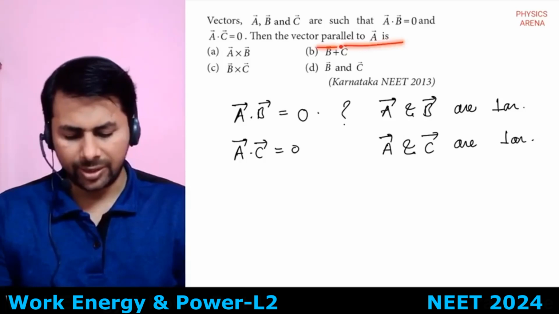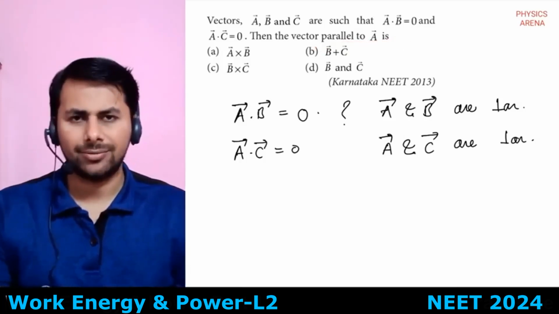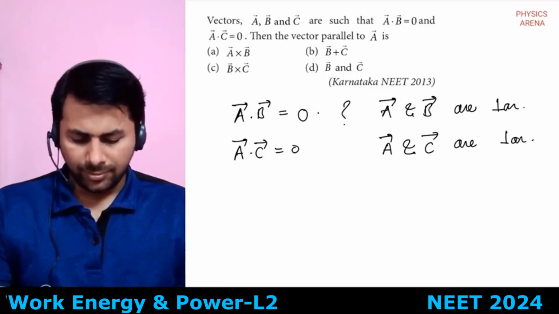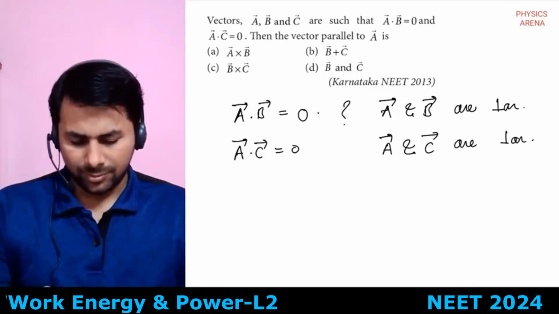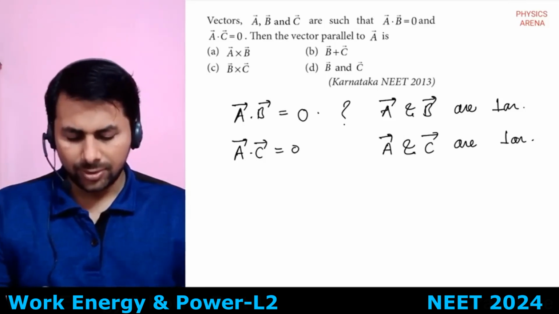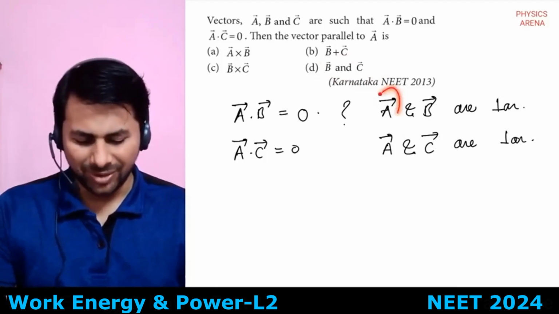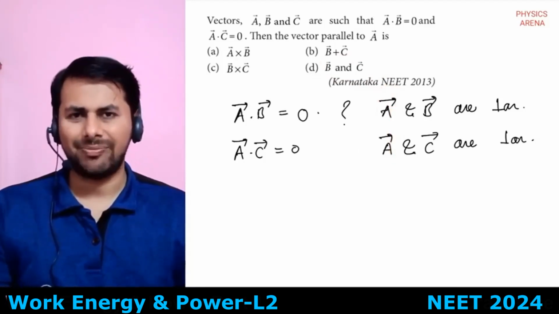Which one will be a vector parallel to a bar? No, they are perpendicular, no? B bar and C bar, they are perpendicular to A bar. You want a vector parallel to A bar.